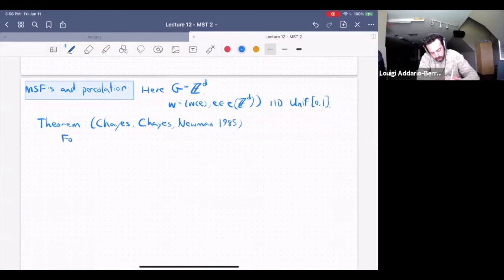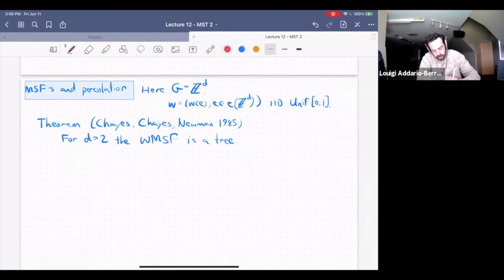They show that for d equals 2, the minimum spanning forest, let me say wired, but it doesn't matter, is a tree. Okay, so this we've seen is not automatic. There's something to prove there.